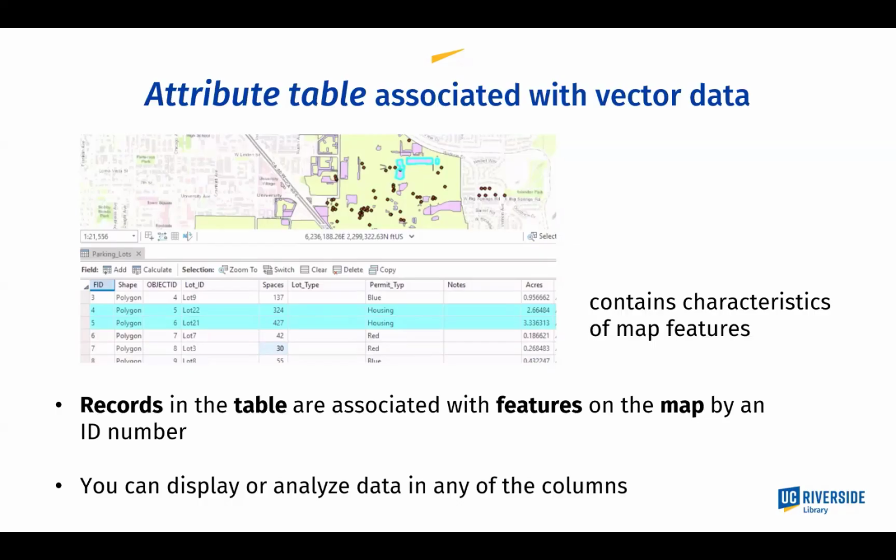So that's the idea. You can have as many columns in the attribute table as you want. And then once you have that in the GIS, you can manipulate the map so that it's showing or displaying what the data is, whether it's by color or size of a point symbol or something like that, from any of the columns. So that's what the power of a GIS is.